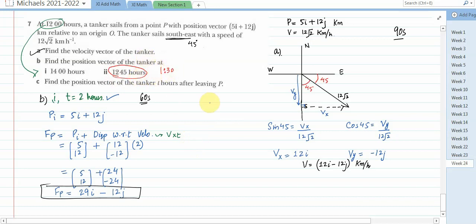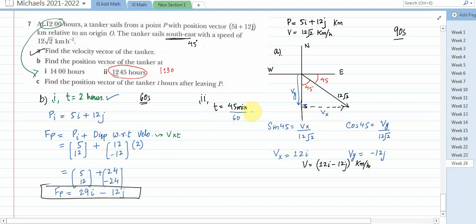Alright class, now the main thing in part 2 is about the time. Starting from 12 till 12:45, that means the time we have is 45 minutes, right? But we cannot use this time because we are using the unit hours. So here you need to convert your time from minutes into hours, that is divided by 60.